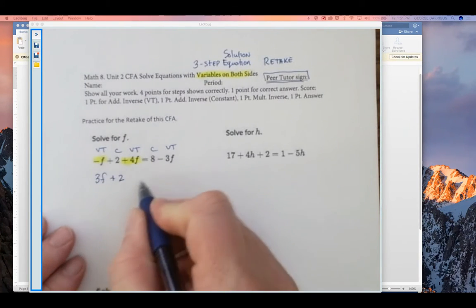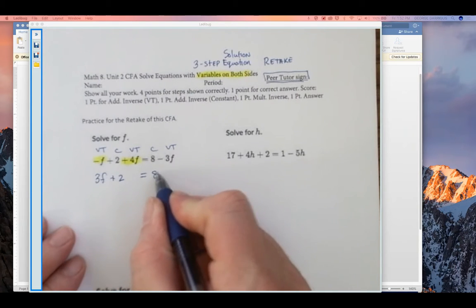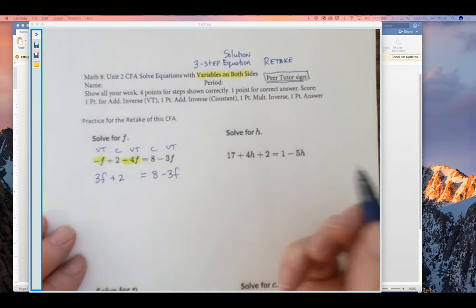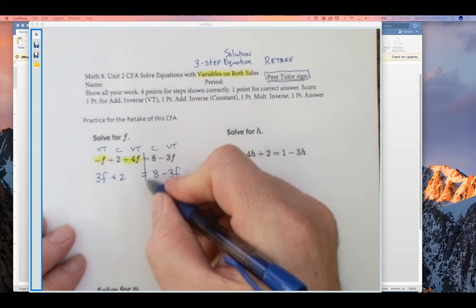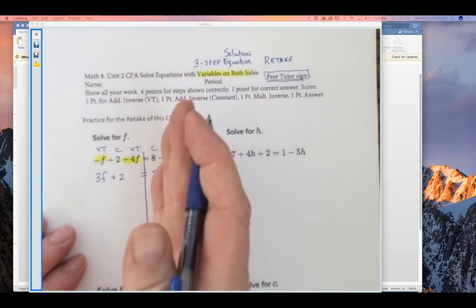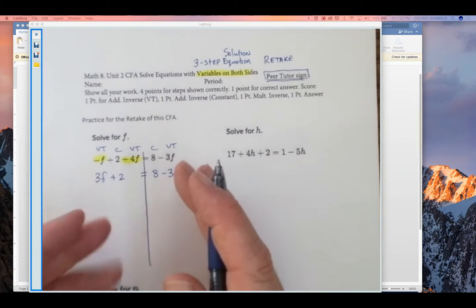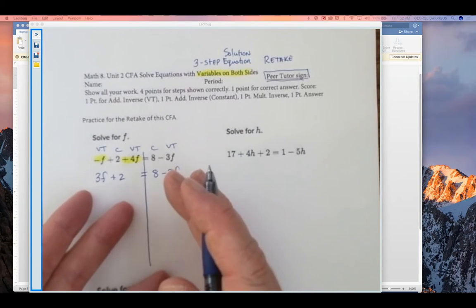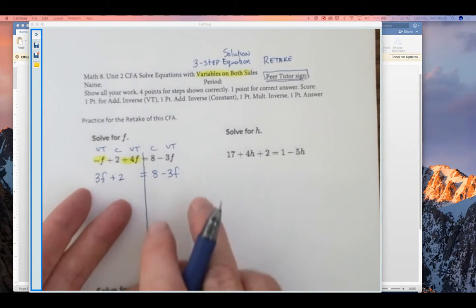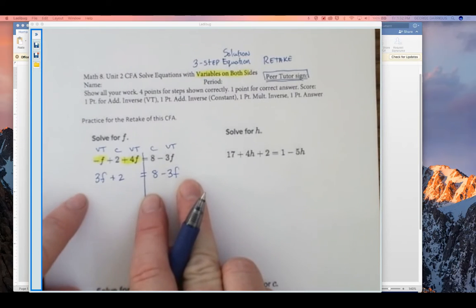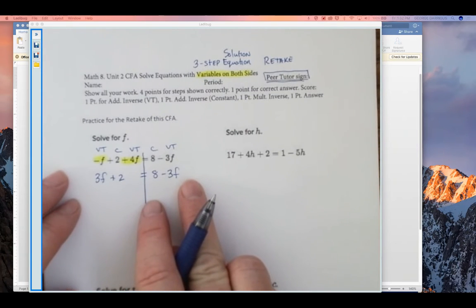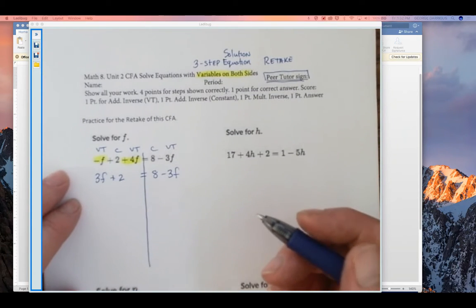And I haven't done anything to the other things, so I'm just going to keep them in their place. I'm going to build a wall for things to remain on the left or the right. And now I have 2 terms that are not alike here and here. So I now have to go to inverse operations.